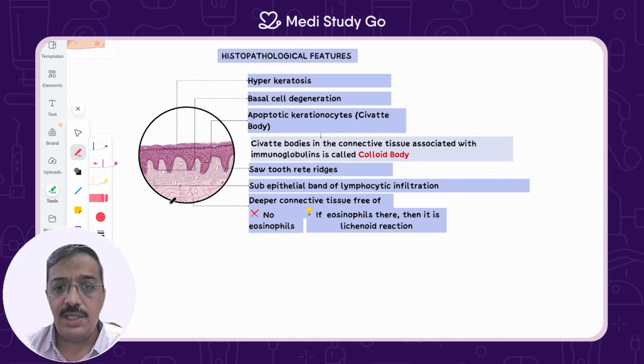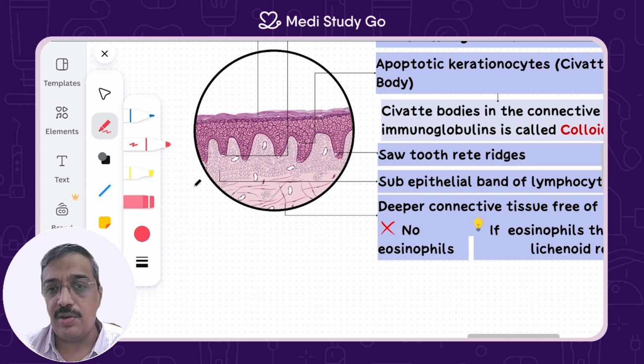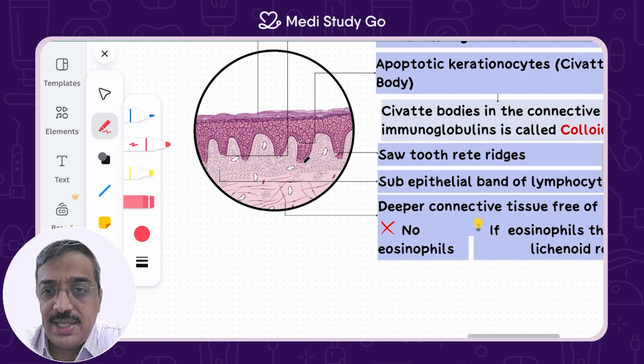The histopathology usually revolves around the concept of basal cell degeneration. So let's have a look at what you see. Wherever there is basal cell degeneration, the epithelium has a characteristic feature of sawtooth shaped rete ridges.